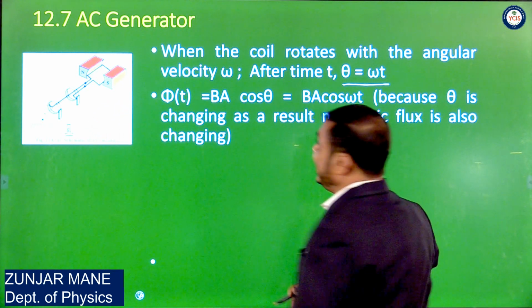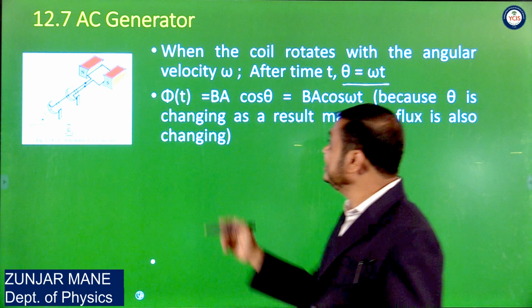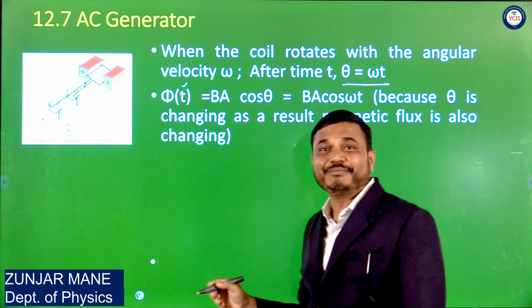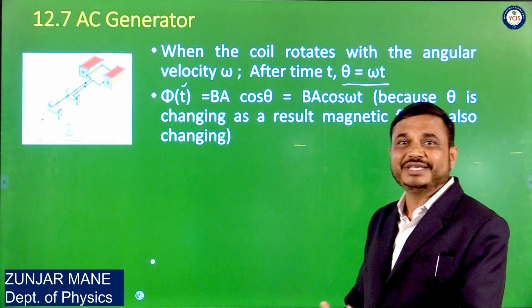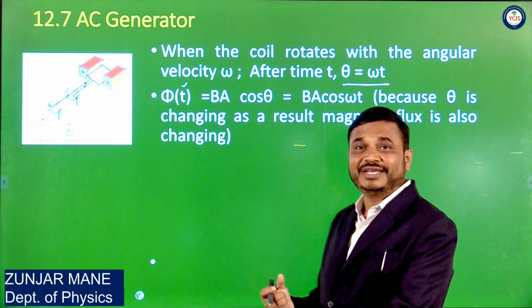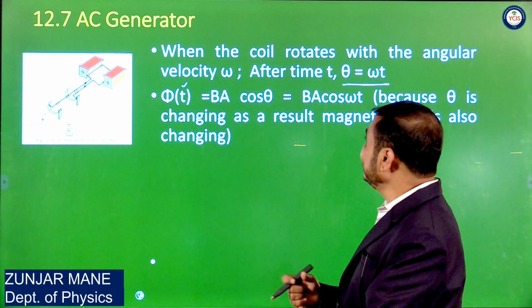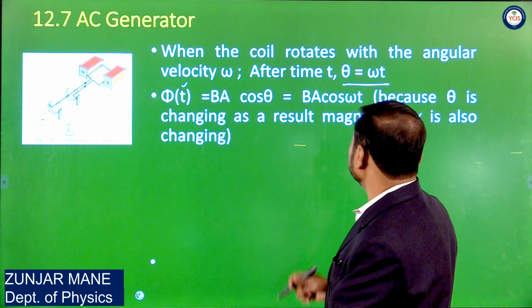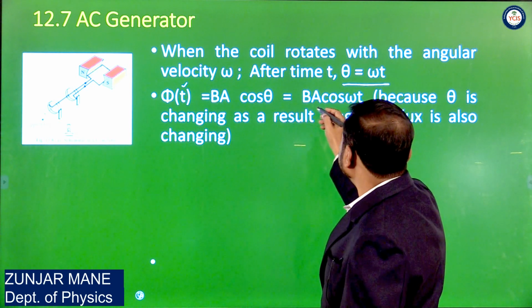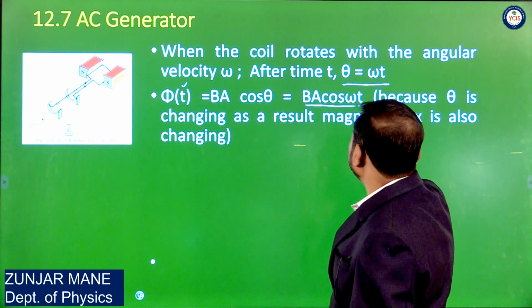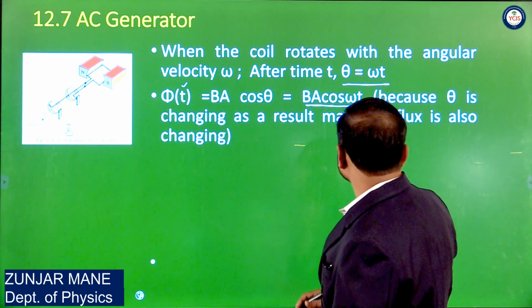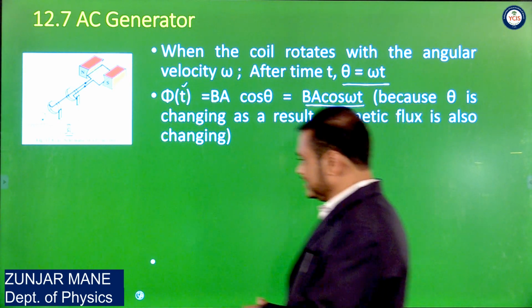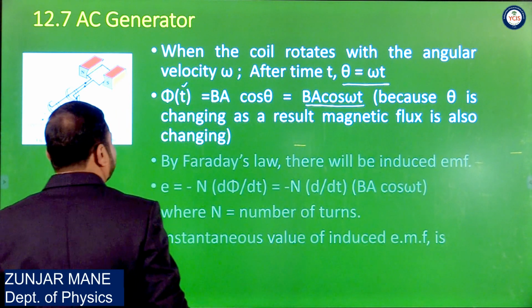The flux phi varies with time. Phi as a function of t is given by BA cos theta, where B is the induction of the magnetic field, A is the area of the coil, and theta is the angle between B vector and A vector. Substituting theta equal to omega t, we have BA cos omega t. Because theta is changing, the magnetic flux also changes.